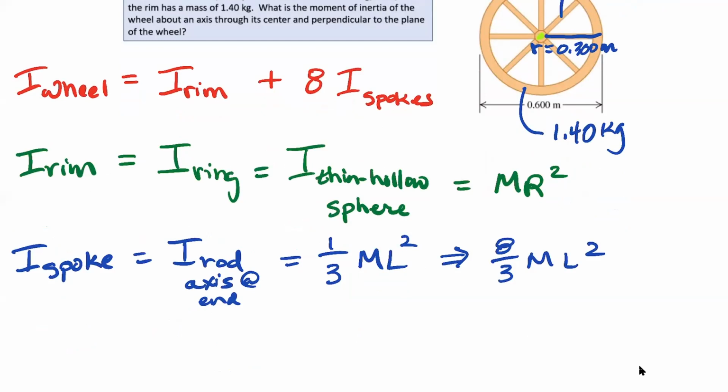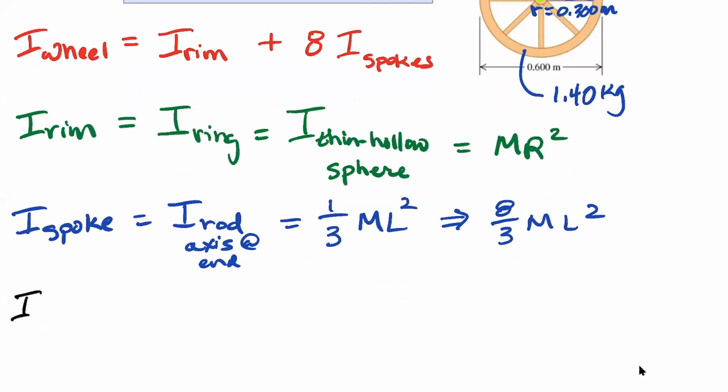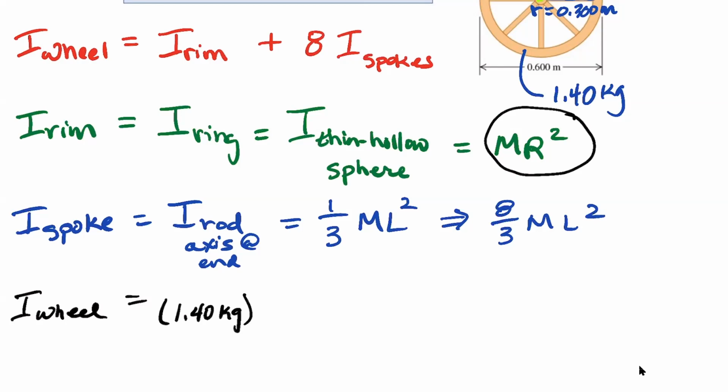So let's go back to our expression for the wheel. The moment of inertia for the wheel is the moment of inertia for the rim, and that's mr squared. So our mass of the rim is 1.40 kilogram, and the radius of the rim, or the distance of the rim from the axis of rotation, was 0.300 meter, and that's squared.